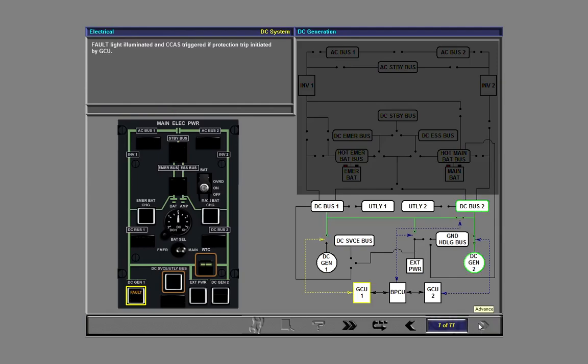The push-button fault light illuminates and CCAS is triggered if a protection trip is initiated by the associated generator control unit, GCU. In this case, power is automatically supplied to the affected DC bus by the functioning generator.